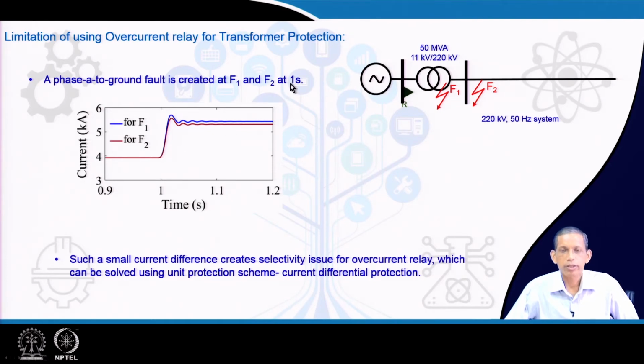Both are created at 1 second in the simulation platform to evaluate the situation. When you see, the internal fault is at such a position that the two levels of currents are at par. So, the levels of currents are at par for both F1 and F2, and that becomes challenging to discriminate by the overcurrent principle.